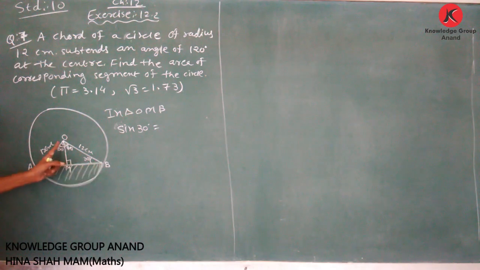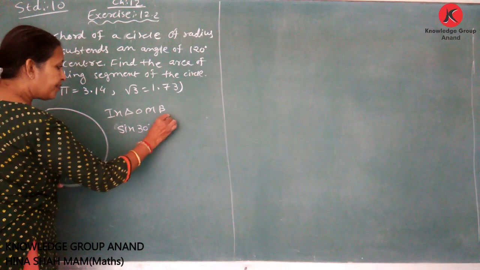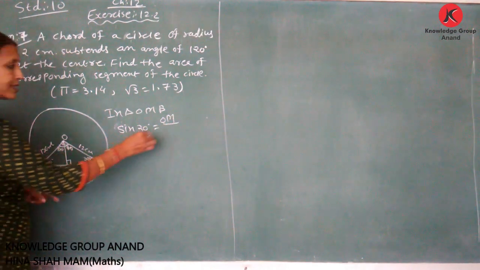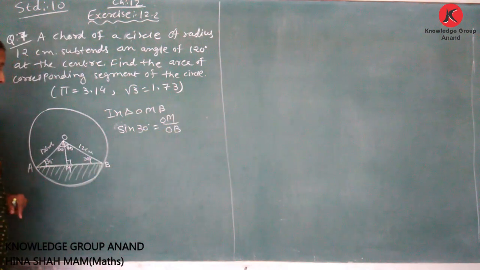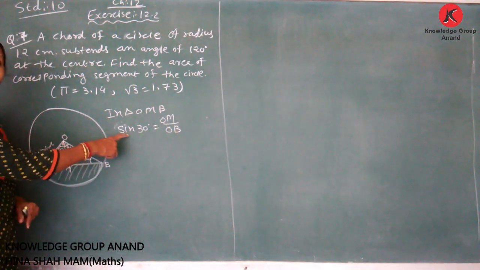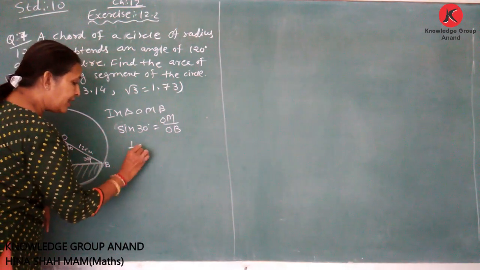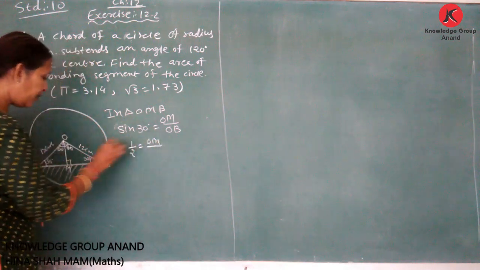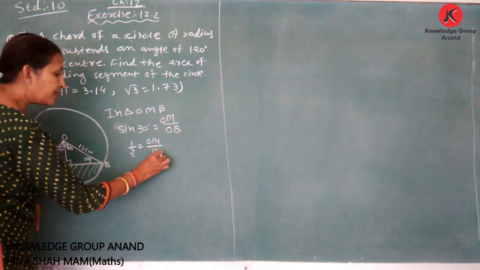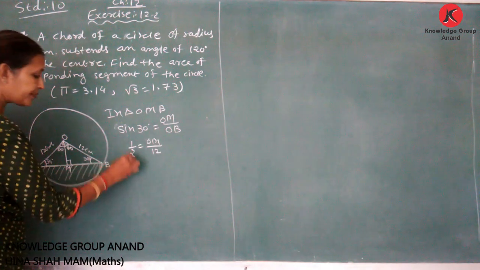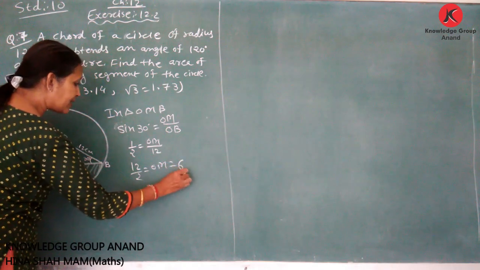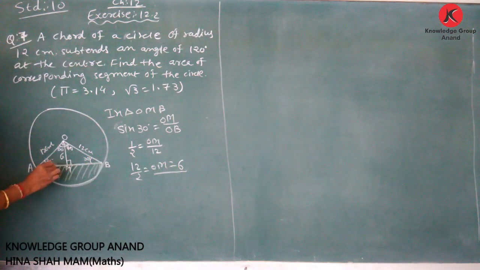Opposite side of 30 is OM, and hypotenuse is equal to OB. What is the value of sine 30? 1/2 is equal to OM upon OB. OB is equal to 12. 12 by 2 is equal to OM. OM is equal to 6. Here its measure is 6.